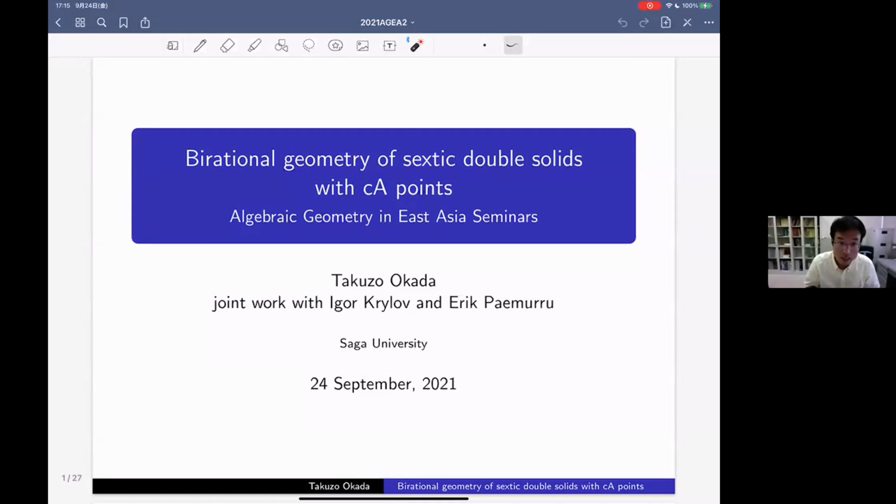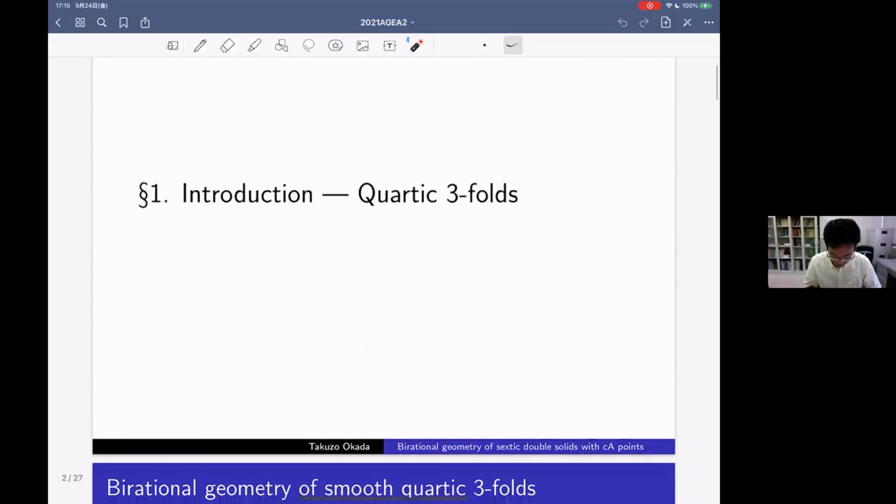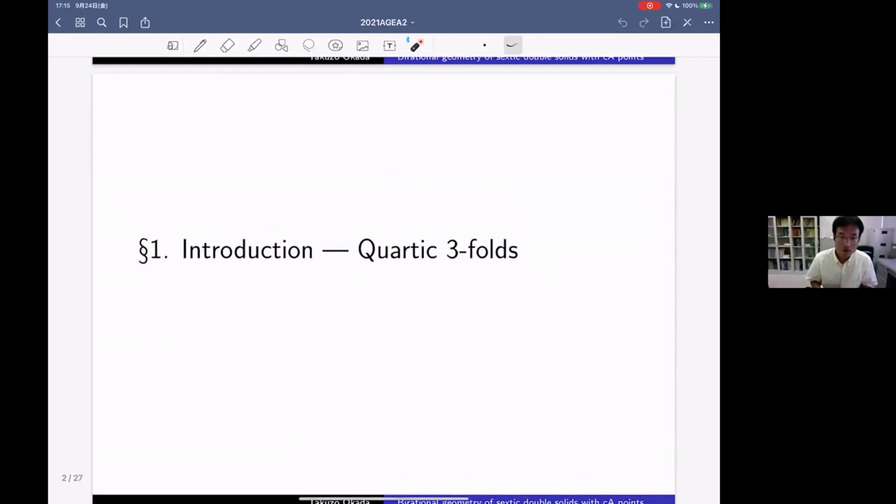This is joint work with Kuznetsov and Prokhorov. First I talk about the situation for quartic threefolds as an introduction.